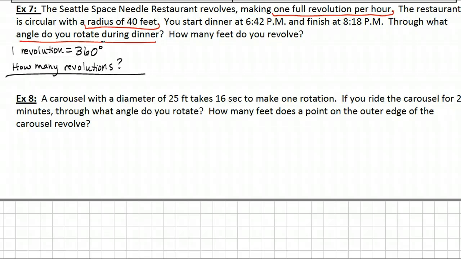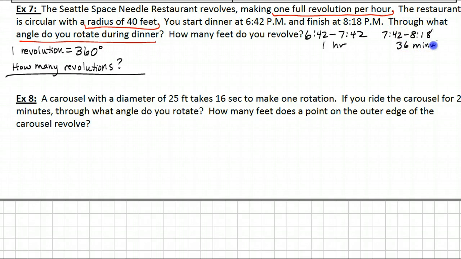So here's what we've got to think of. From 6:42 to 8:18, and by the way, 1 full revolution per hour. In my mind, from 6:42 to 7:42, that is 1 hour. Then from 7:42 to 8:18, that ends up being 36 minutes.